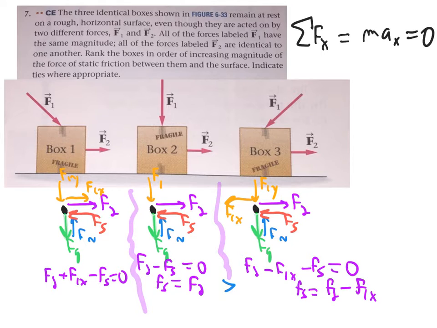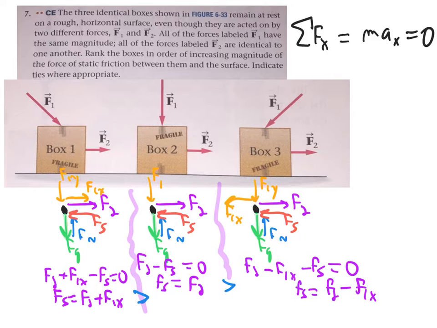And so therefore Fs is going to be F2 plus F1x. And we can see that that's going to be greater than case 2, because now it's case 2 plus some number. So our ranking is the reverse of the order. 3 is the smallest frictional force, 2 is the middle one, and 1 is the largest.